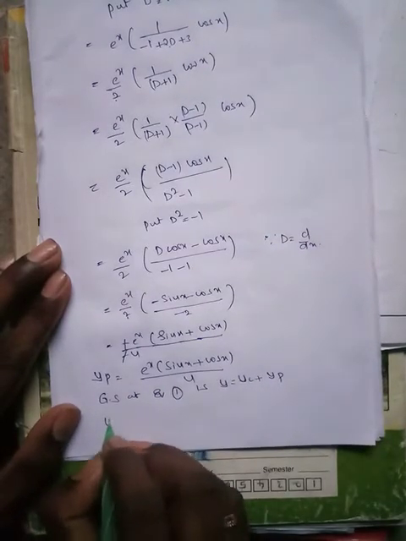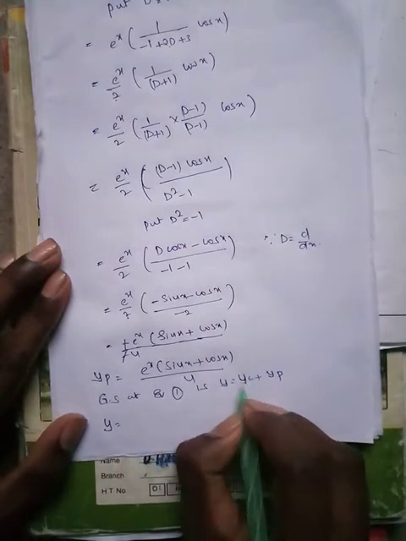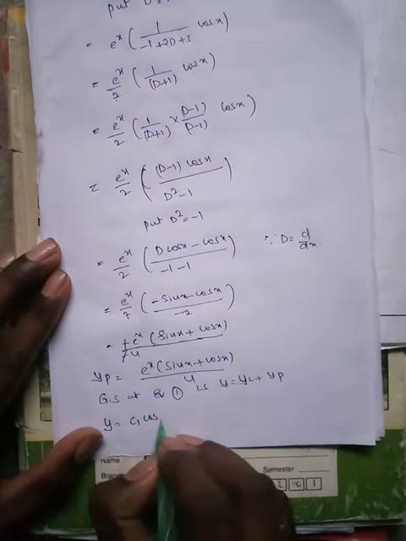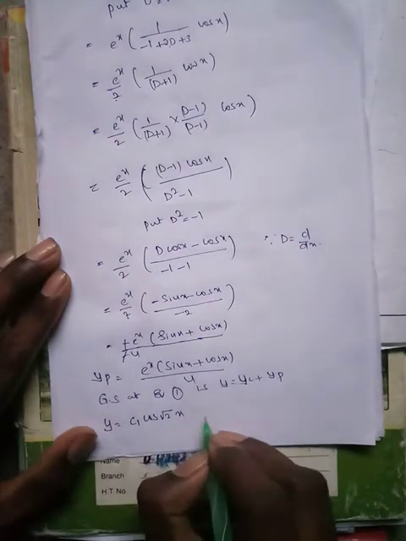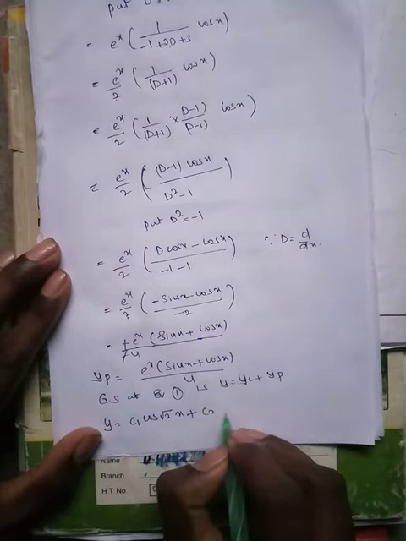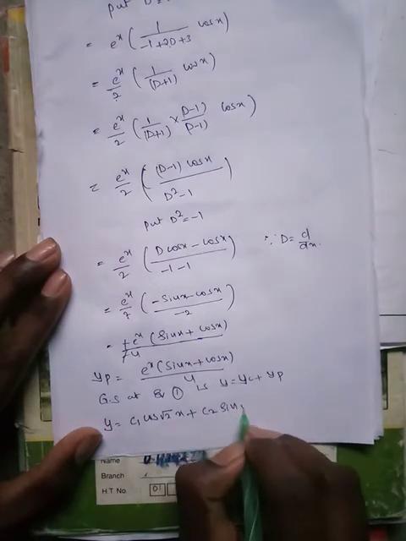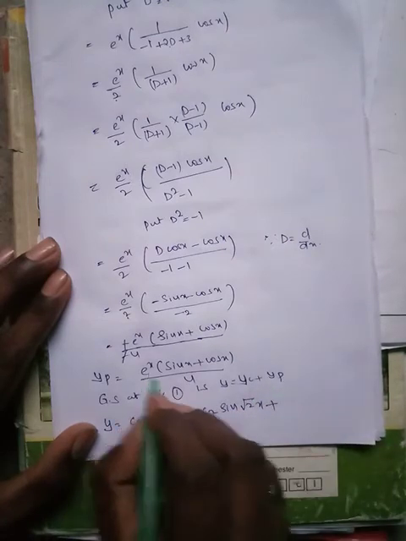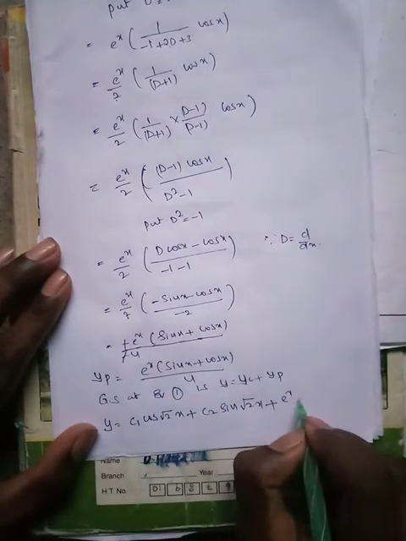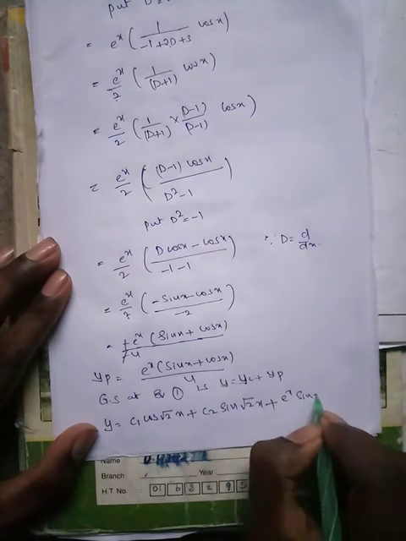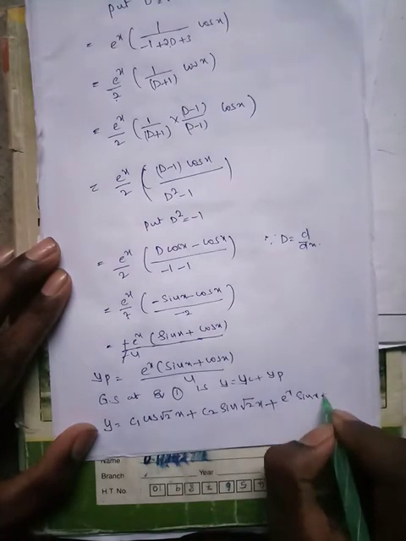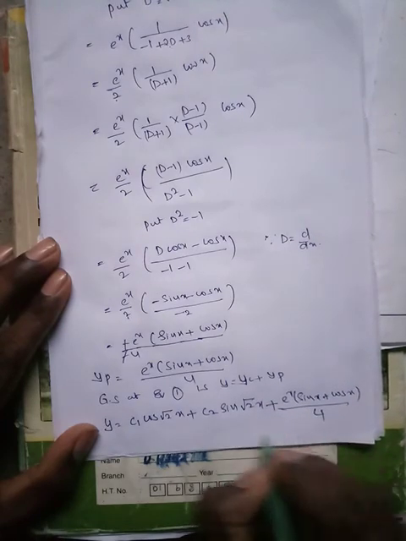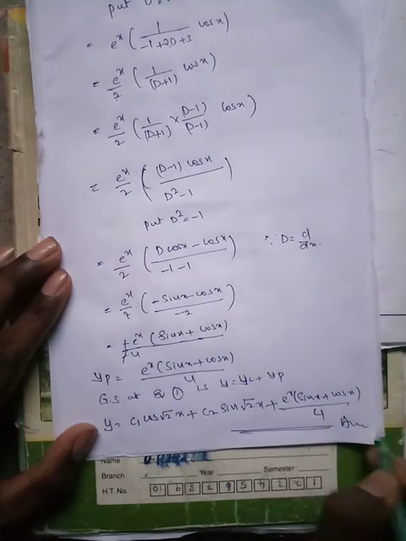So here y equals the yc part, which is C1 cos root 2x plus C2 sin root 2x, plus yp. yp is e power x, sin x plus cos x by 4. So this is our answer.